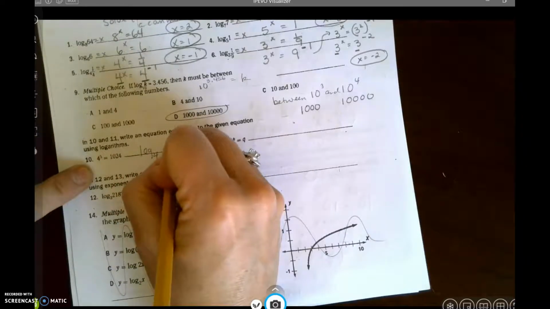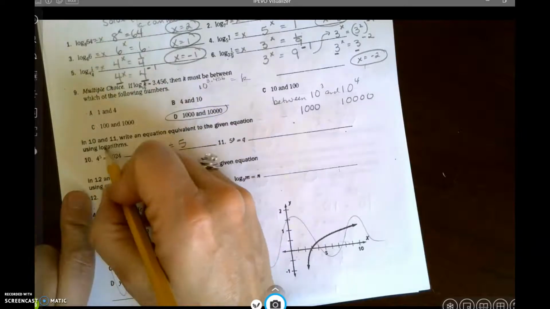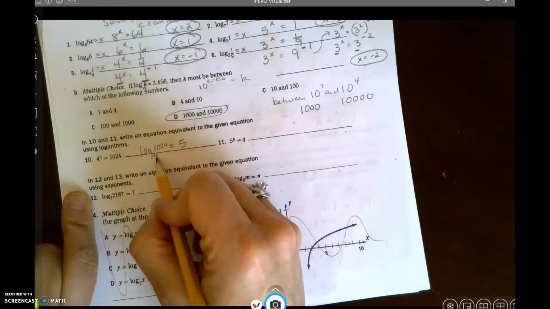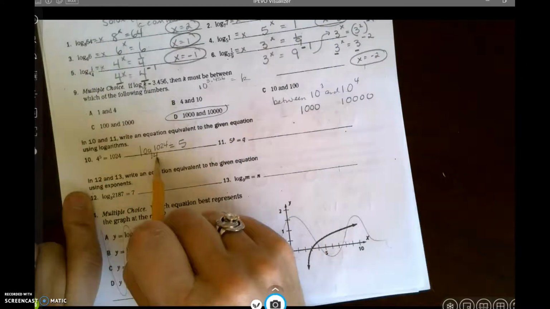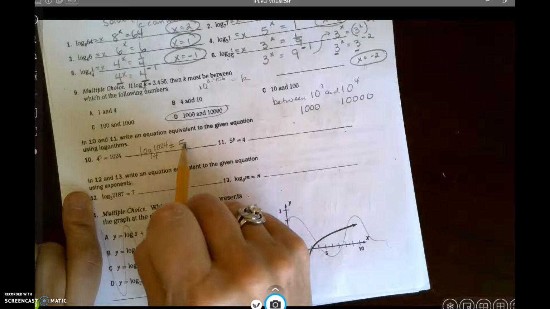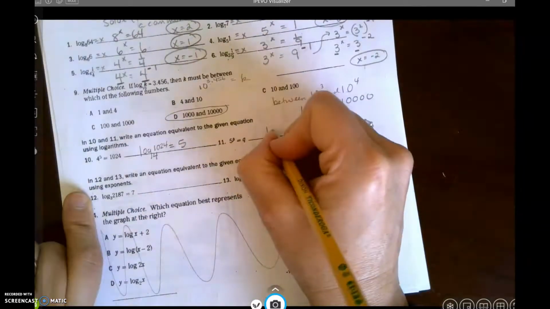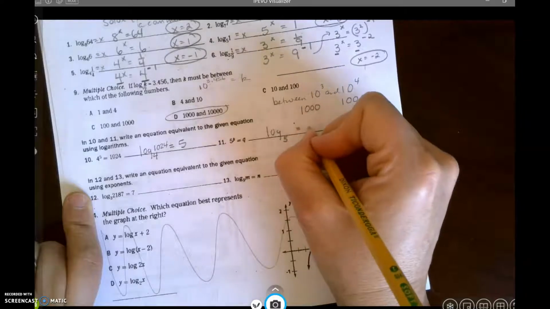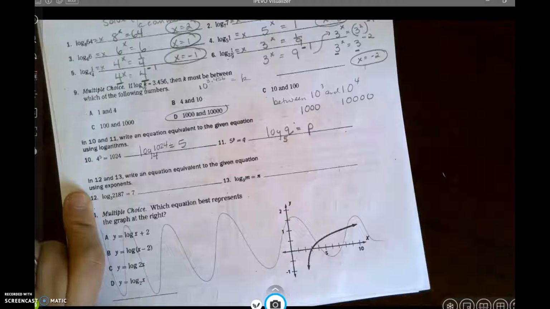Remember, the answer to the log is the exponent, and the answer to the exponential equation goes here. 4 to the 5th is 1024. The base goes here, the exponent goes here, the answer goes here. Let's try this one. Log, the base is 5, the exponent is p, and this answer, q, goes there.